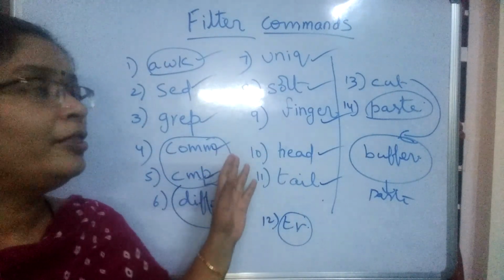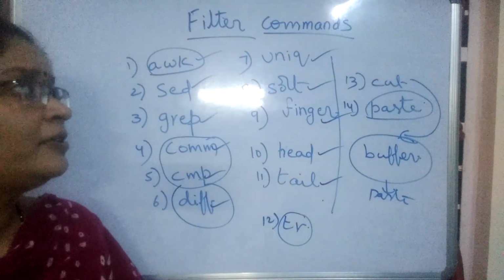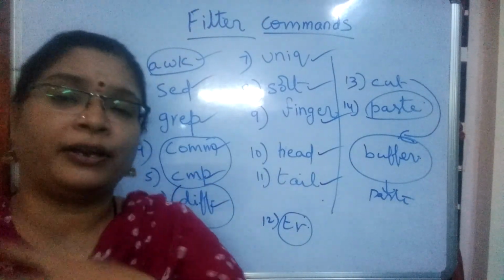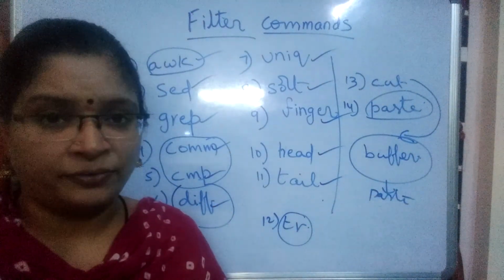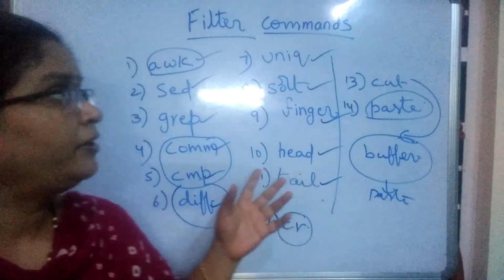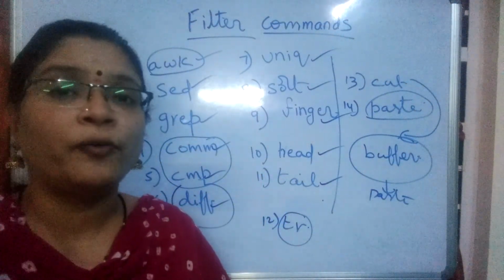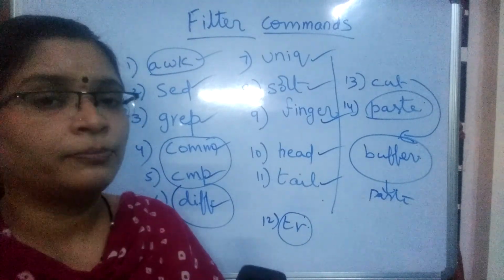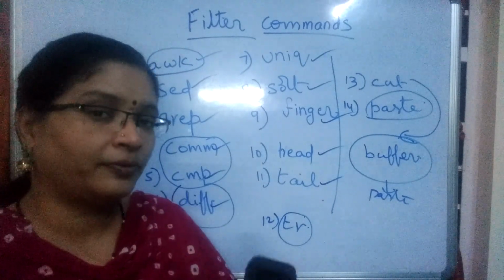So these are all the list of the filter commands. These filter commands facilitate us to perform various kinds of operations on the text files, whatever is given. This is a very important set of commands in the Linux operating system, which provides a way to perform some set of operations on the text files.